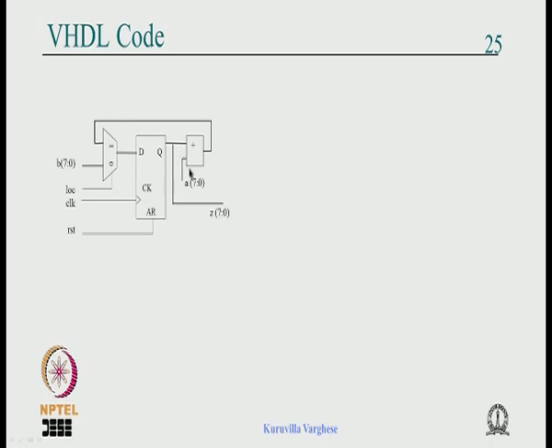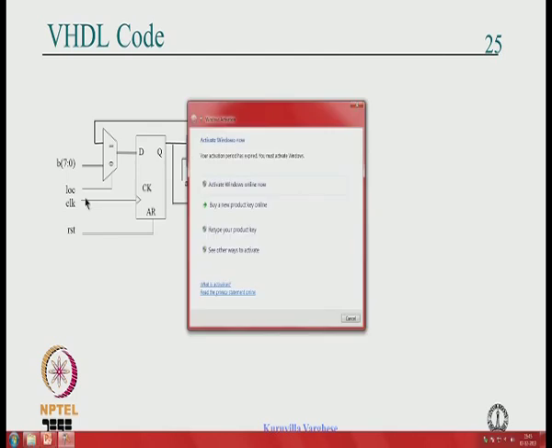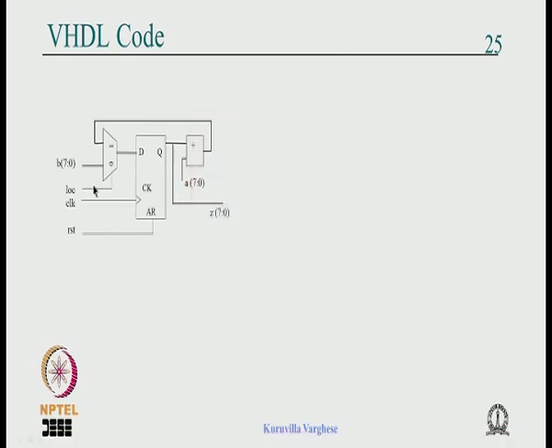The output is added with A(7 down to 0), that goes to a 2 to 1 mux, and when a signal called LOC is 0 the B gets loaded, when LOC is 1 this sum gets loaded.